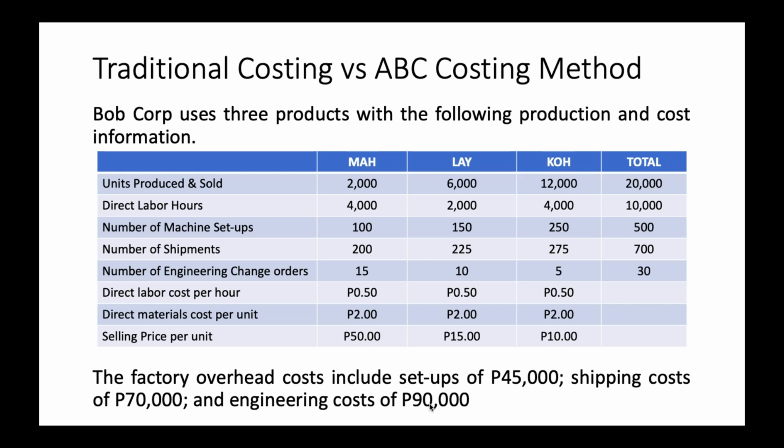So, using ABC costing, we will allocate the 205,000 factory overhead cost to the three products using different activities as compared to traditional costing, which normally uses direct labor hours or direct labor cost per unit.